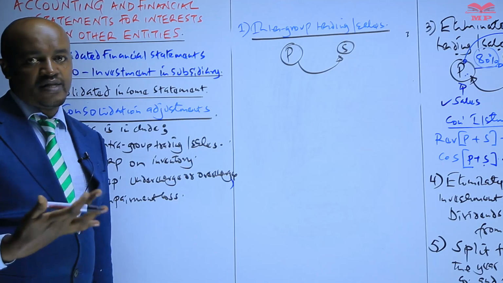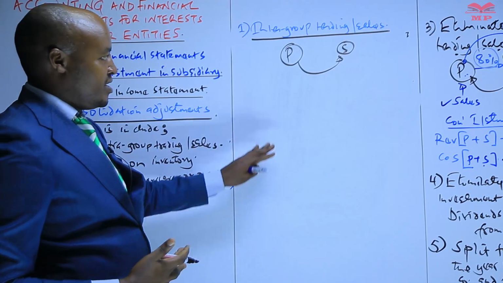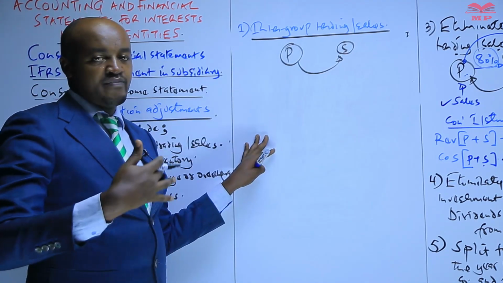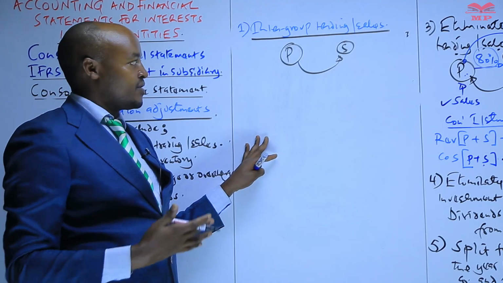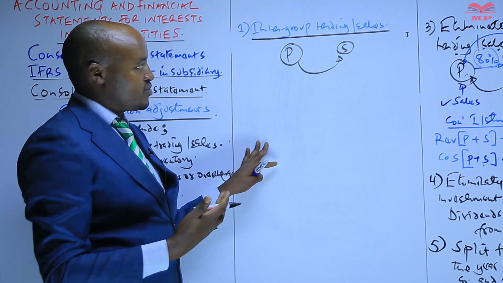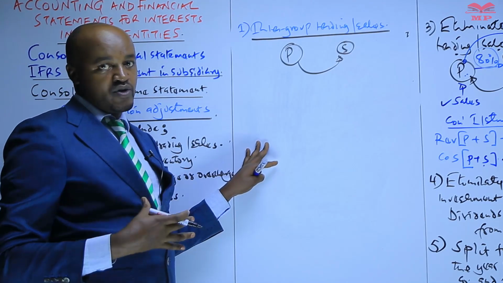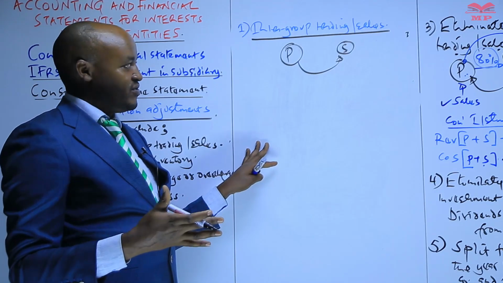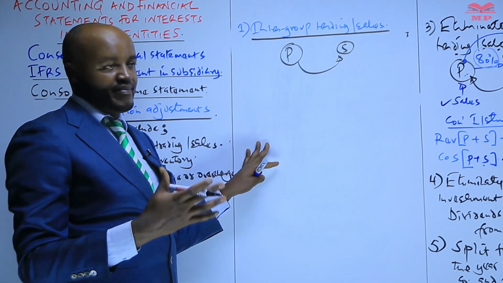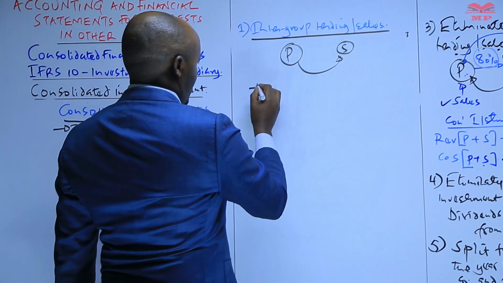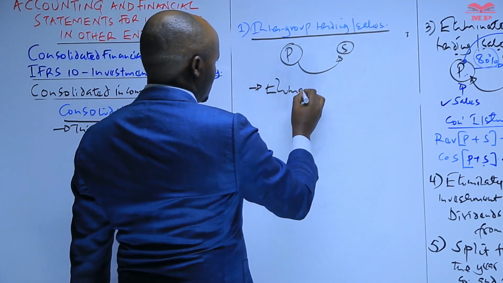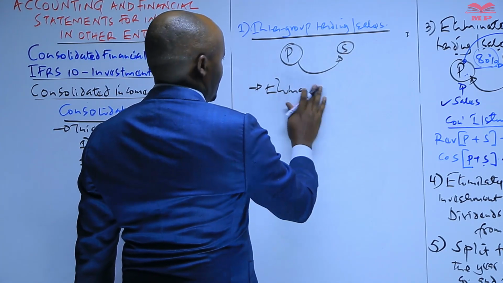Any sales between the group members, we have said, should always be eliminated from the consolidated income statement, because anytime the parent company sells some goods to the subsidiary, from the group point of view, that is purely viewed as a transfer from one group member to the other. And therefore, as a summary, this should be eliminated.